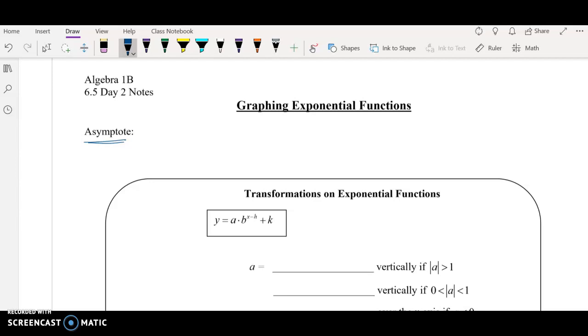So an asymptote is going to be a line that the graph approaches but never touches. So when we were doing all of our graphing activities, all of our graphs look like this.